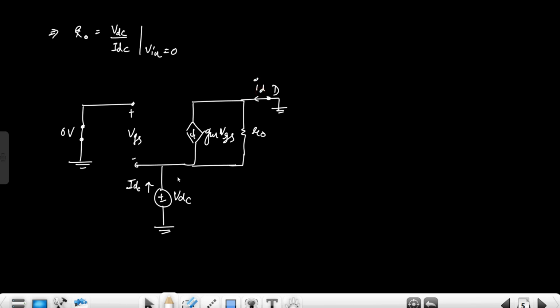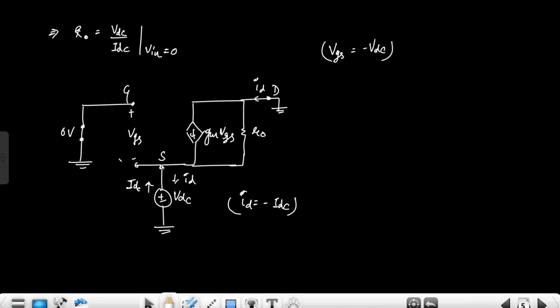This is the ID current, and this current is flowing in this direction, right? And this ID is equal to minus IDC, and we can see that this VGS is equal to minus VDC, right? So VGS is equal to minus VDC.